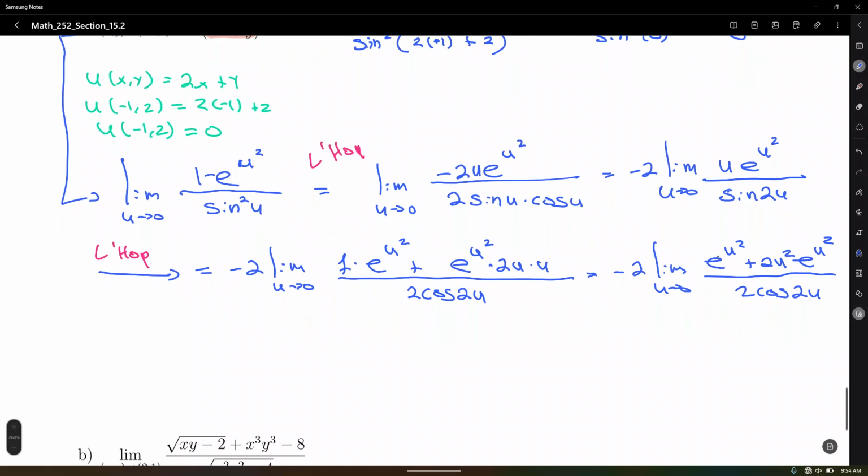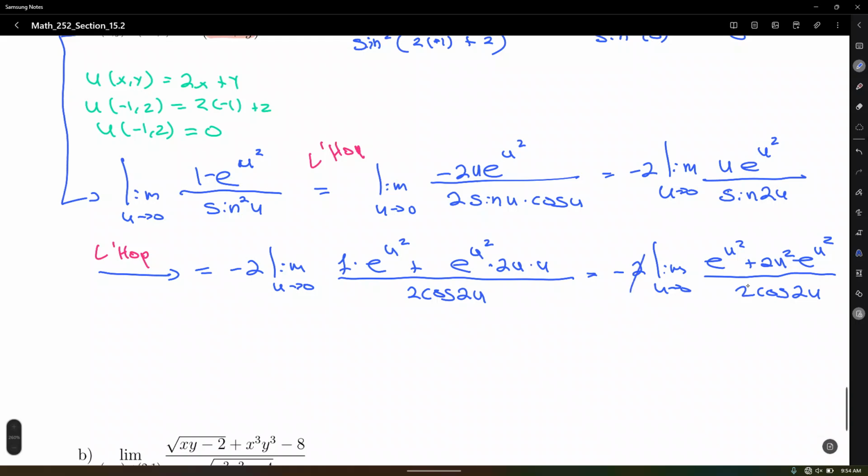So in the numerator, that's e to the 0 squared, that's 1, plus 2 times 0 times e to the 0 squared, well, that's going to be a 0, so it's going to be a 1 in the numerator, so we're good. In the denominator, cosine of 2 times 0, cosine of 0 is 1 times 2, we're good, right?